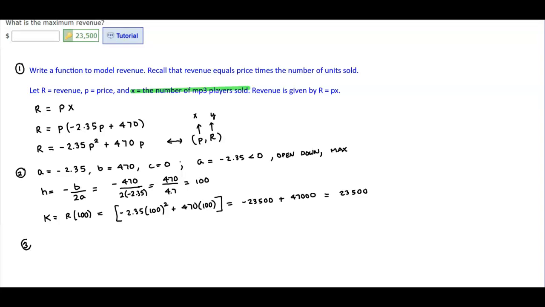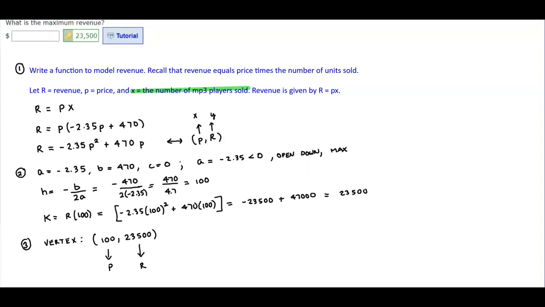So that tells us that the vertex is located at (100, 23,500). Remember that the first coordinate represents P, and the second represents the revenue.